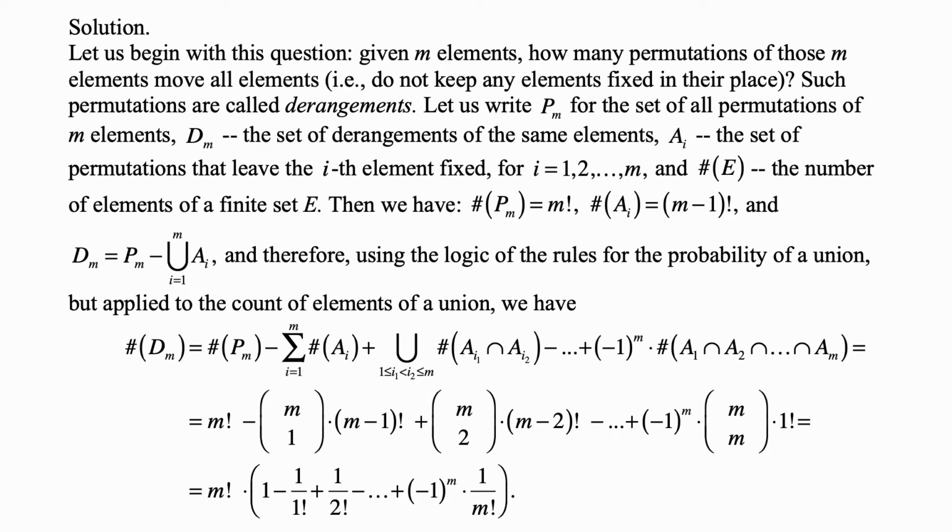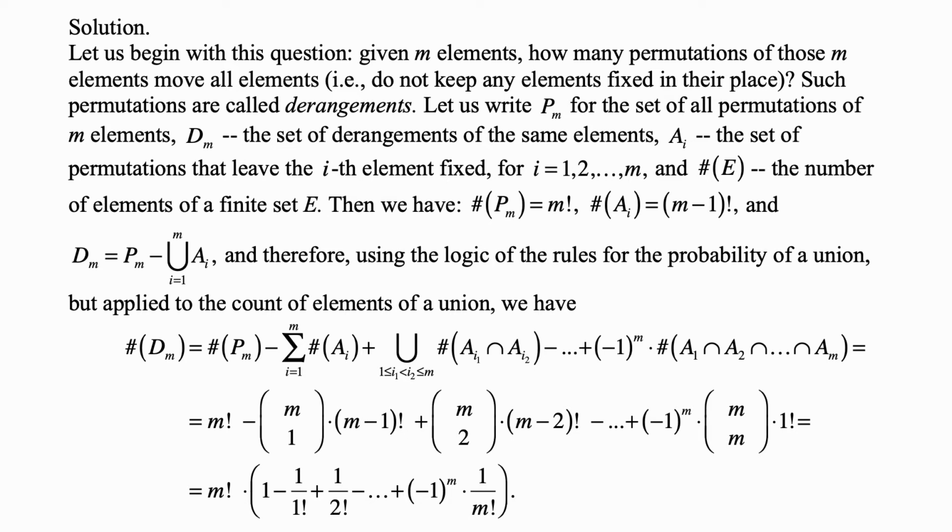That's the number of permutations of m elements. You should know this for the test. It's very important. And then the number of Ai, well, this ith element is fixed and everything else is moved all around, so that's as many as permutations of m minus 1 elements, so this is m minus 1 factorial.